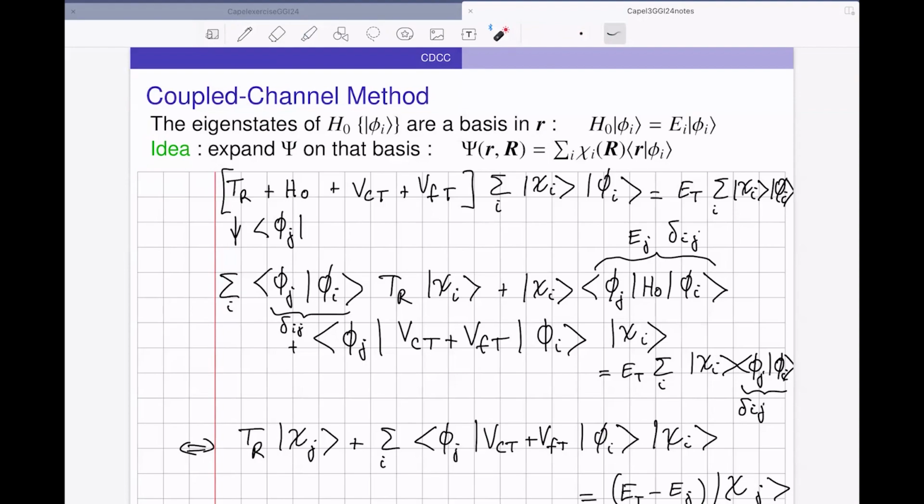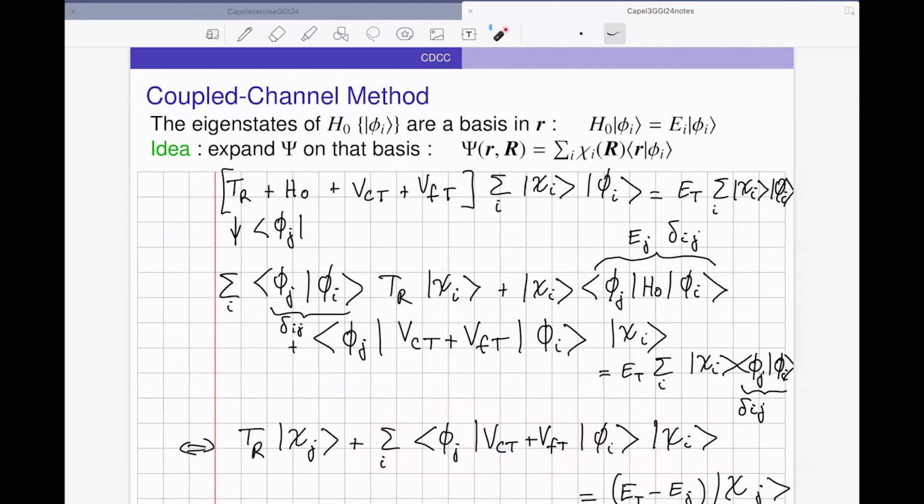So what you have here is just a Schrödinger equation, but you have a coupling here. You have different channels, so it's a set of equations that are coupled to each other, and they are coupled through the interaction. So if you think of it as what I've said, you go from the bound state and then it can be broken up, you go to another channel, it's because of these two interactions, which are not exactly the same.